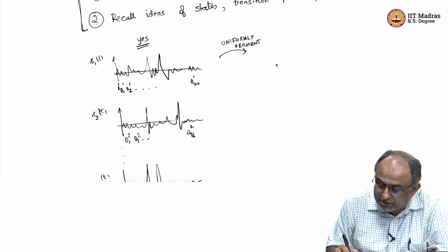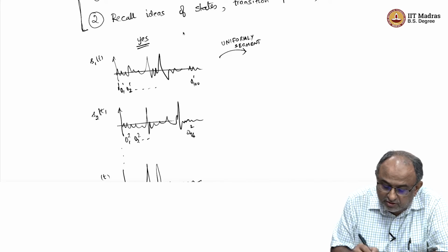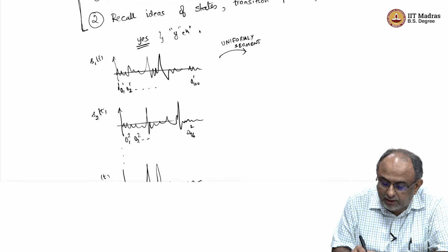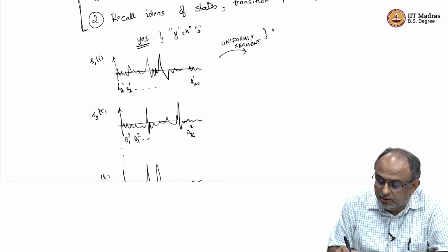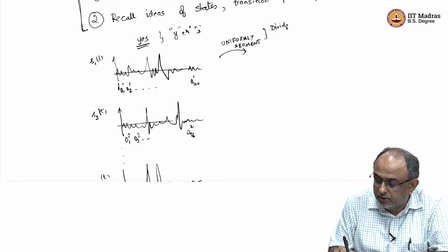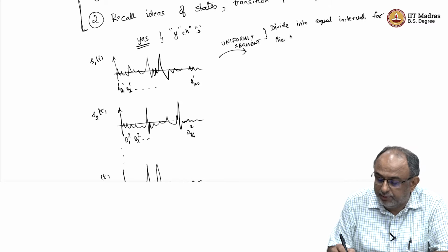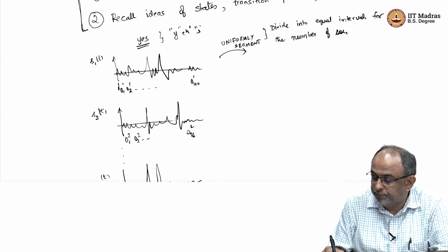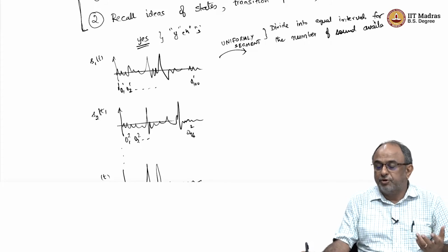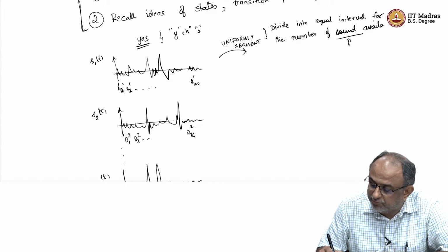The word consists of 3 sounds: here, A, and S. So, divide into equal intervals for the number of sounds available, the number of phonemes available, right. So, these are phonemes, right.